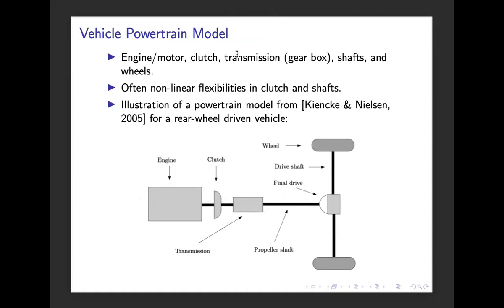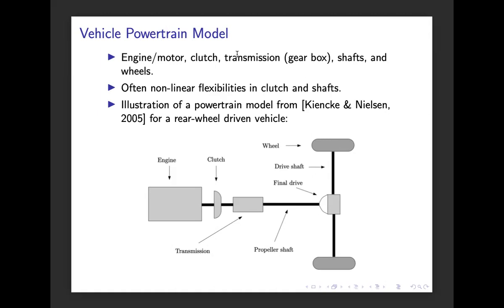Then we have the final drive here that contains the differential that, so to say, distributes the power to the respective wheel here. And then we have the drive shaft that actually brings the torque to the wheels where we would like to have the power to bring the vehicle forward.